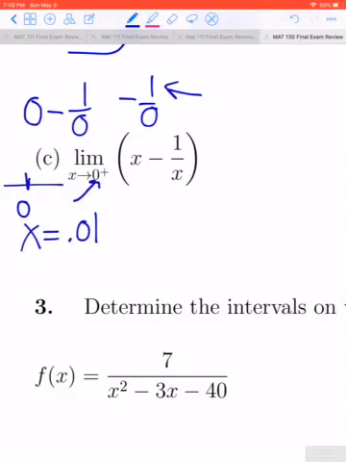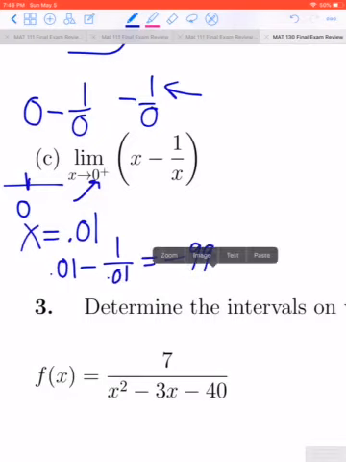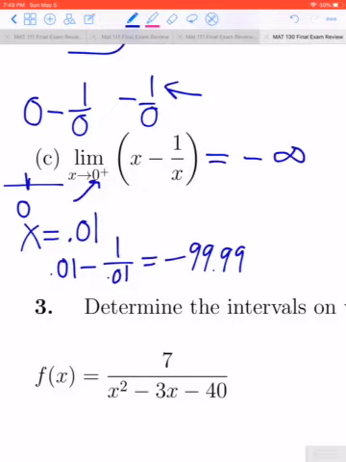If I plug 0.01 into that expression, I would have 0.01 minus 1 divided by 0.01, which would give me the value negative 99. We already know from above that the limit is going to be either positive infinity or negative infinity, and by plugging in a value that's close to 0 on the right and seeing an output like negative 99, that would indicate to us that the proper limit is going to be negative infinity.